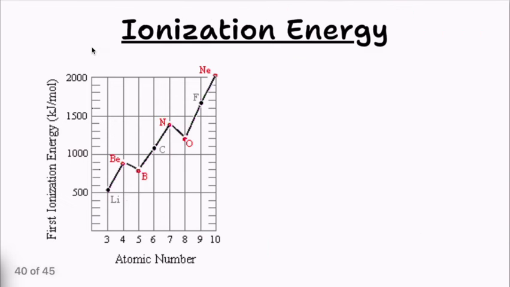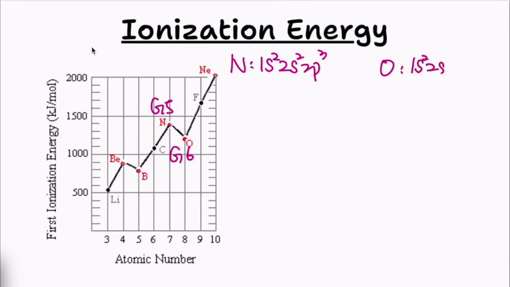Then what about from nitrogen to oxygen? This is a trend that you observe from group 5 to group 6. Again, let's try to draw the electron configuration of nitrogen. Nitrogen is 1s2, 2s2, and then 2p3, while oxygen is 1s2, 2s2, 2p4. I'm going to draw the energy level diagram.